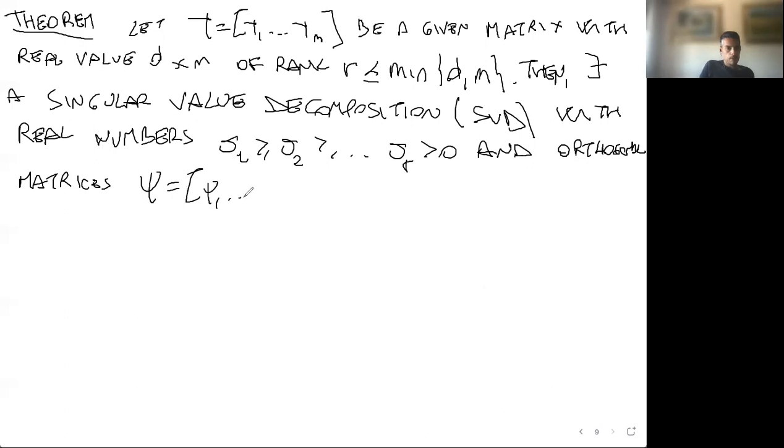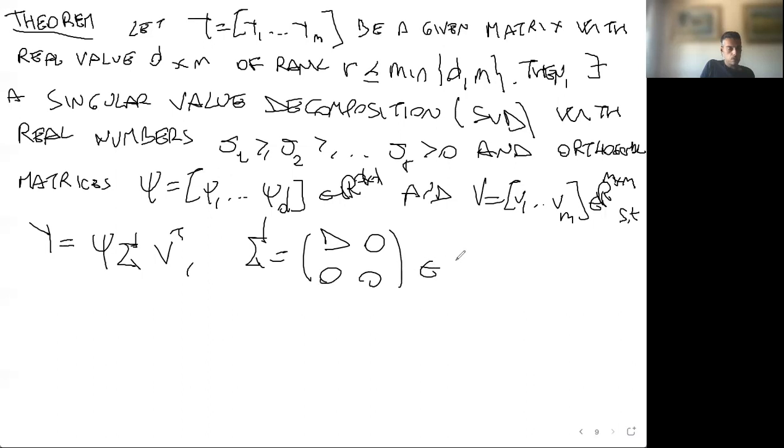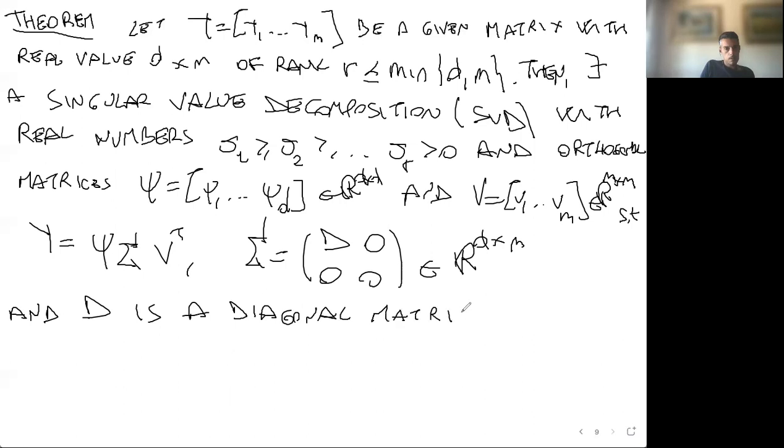Psi equal psi_1 to psi_D, which is a D by D matrix, and V equal v_1 to v_M, which is an M by M matrix, such that Y can be decomposed as Psi Sigma V transpose, where Sigma is equal to the block matrix with D, 0, 0, 0, of size D by M, and D is a diagonal matrix with the singular values.